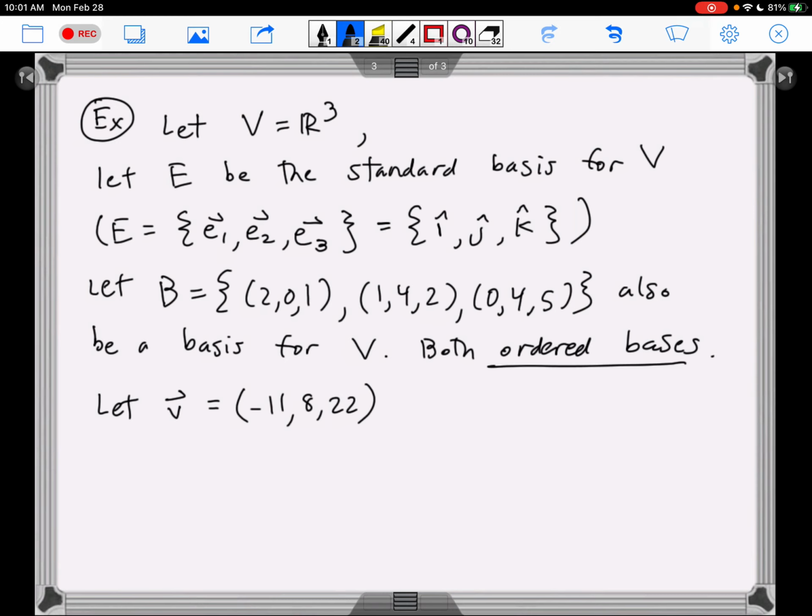Now, how do you write this vector relative to the standard basis? Well, that part is easy, right? Because we know how to write everything in terms of I, J, and K. Wouldn't this just equal, doesn't V just equal -11I plus 8J plus 22K?